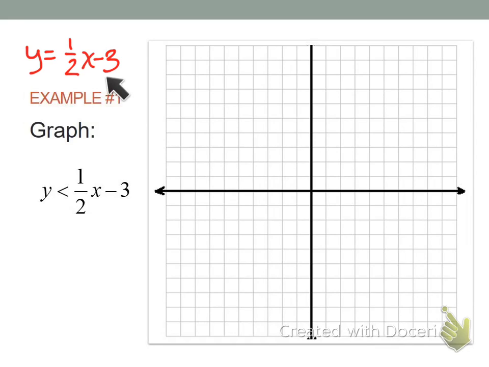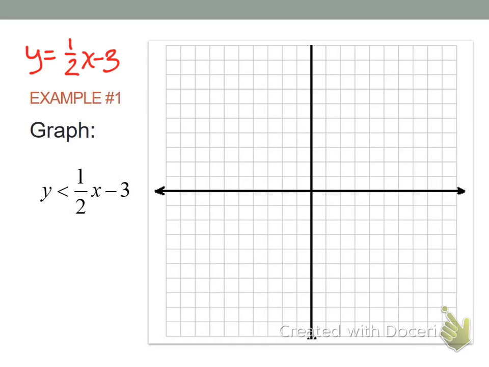So if we were graphing y equals 1/2 x minus 3, who can tell me where I would start my graph? Jacob? Negative 3 on the x axis. Negative 3 on which axis? The x-axis or the y-axis? The y-axis. Okay, so our y-intercept is negative 3.